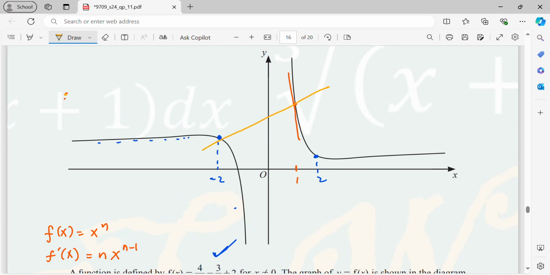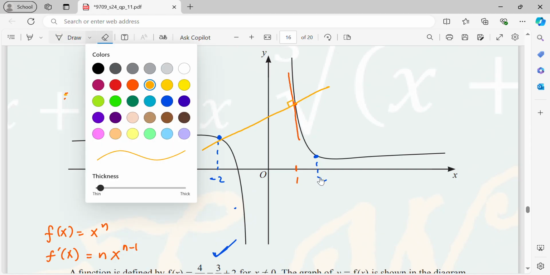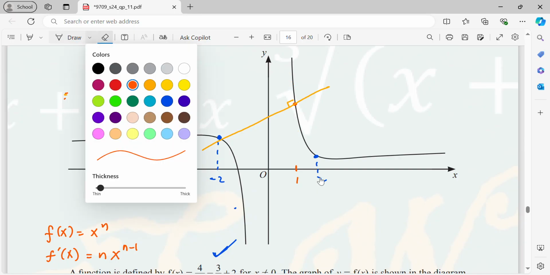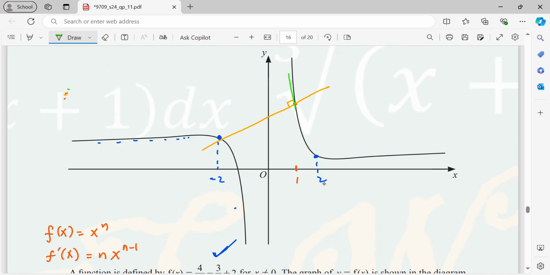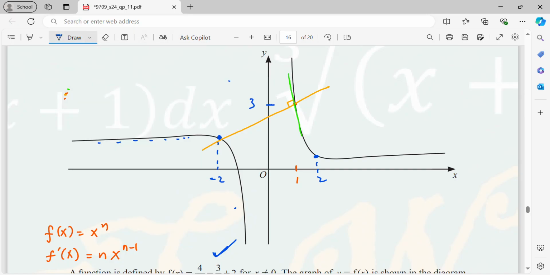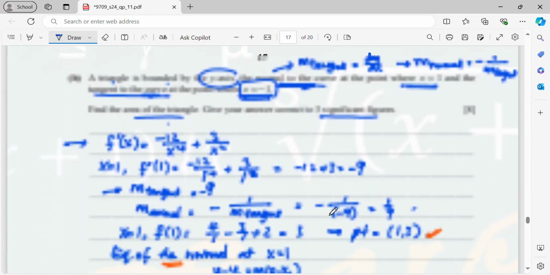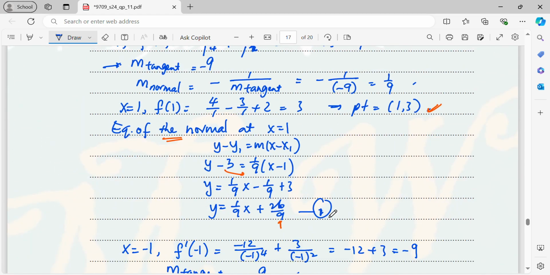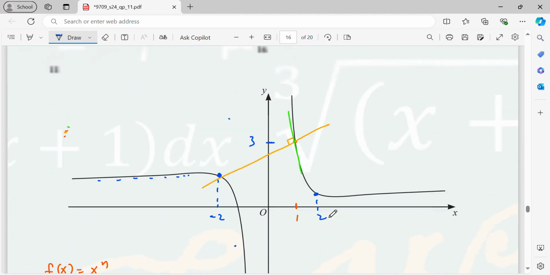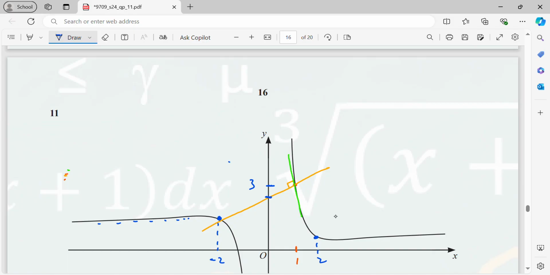Here is 90 degrees. Then this is 3, because the point has coordinates 1, 3. And then here is 26 over 9. So I get 26 over 9 here.